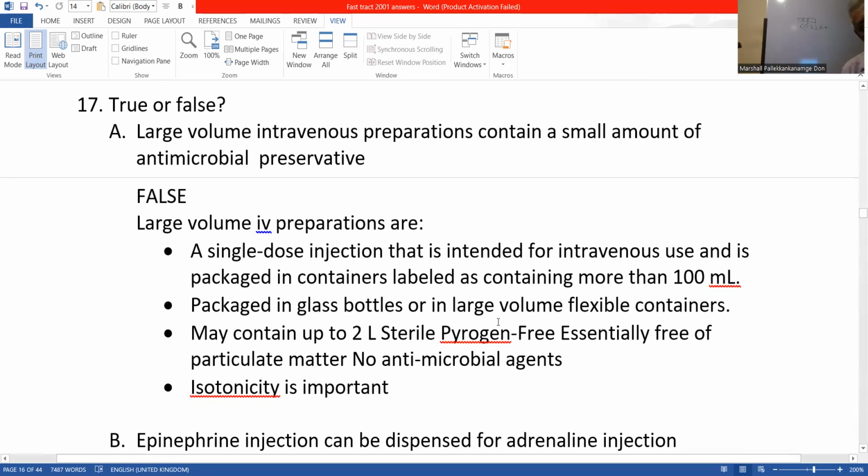Number 17, true or false. Large volume intravenous preparations contain a small amount of antimicrobial preservative. Large volume means the size of the parenteral preparations.